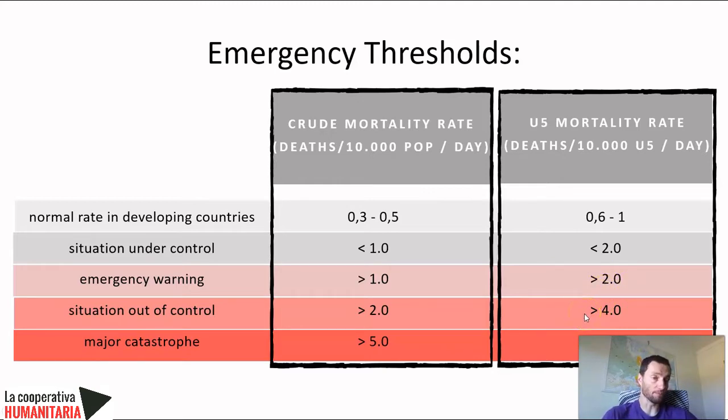We double because they are more vulnerable, they die faster. It's normal that the figures are bigger in this case. That helps us to say this context is an emergency because the mortality is 2 deaths every 10,000 per day. That means it's an emergency and we should intervene. This indicator helps us to decide where to intervene.